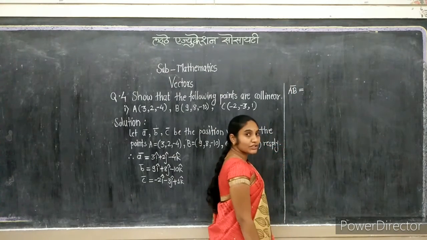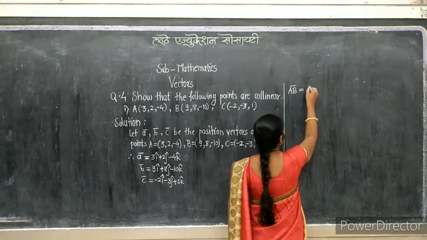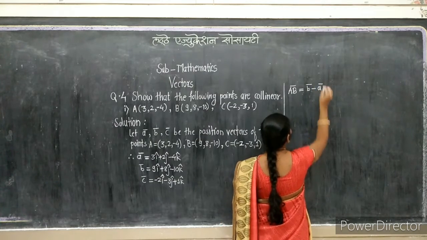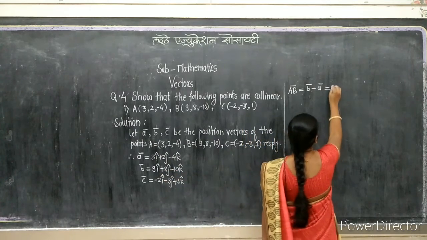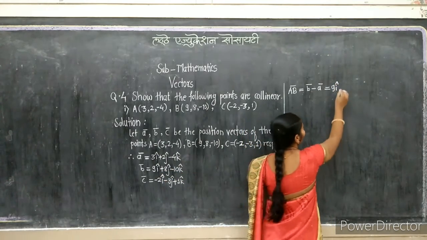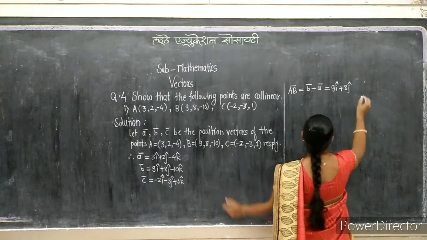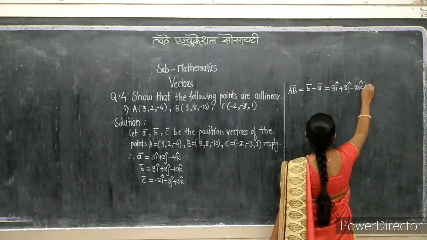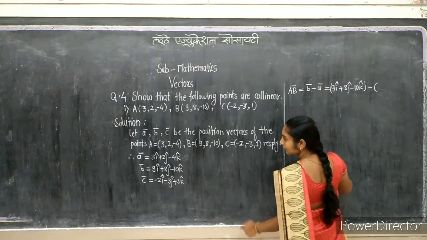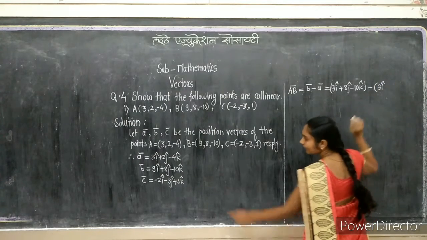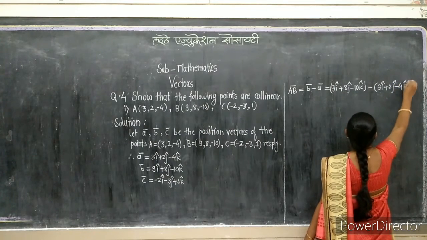AB bar is the difference between the position vector of B and the position vector of A, that is B bar minus A bar, which is 9i cap plus 8j cap minus 10k cap minus (3i cap plus 2j cap minus 4k cap).